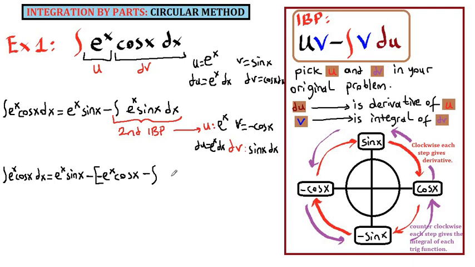V is negative cosine x. We can pull the negative sign out here and make this positive. V du is e to the x dx.